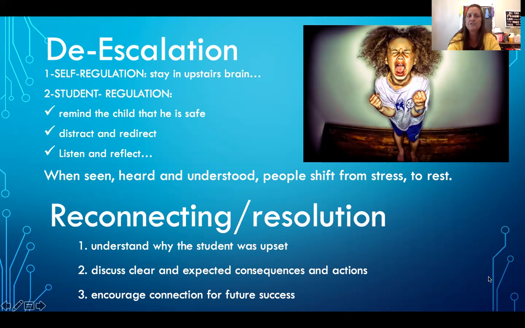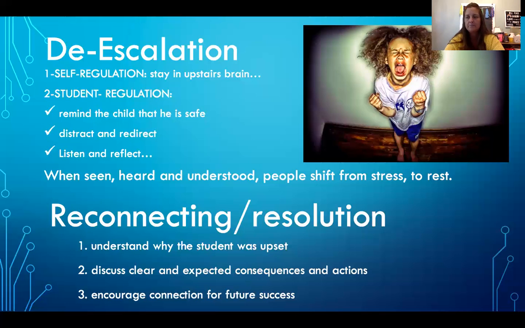Once your student has calmed down a little bit, it's time to try to reconnect and work through a resolution. You might be able to understand why the student was upset. It's not really important to know the background, but it is important to figure out what triggered them so that maybe you can avoid it in the future. You might have to discuss the consequences and the actions.